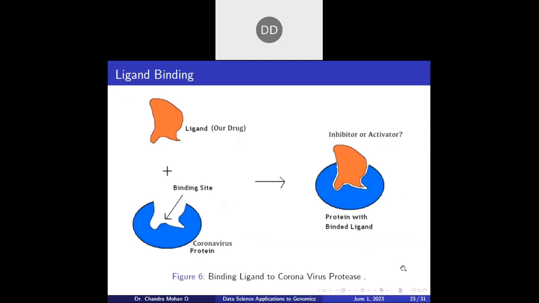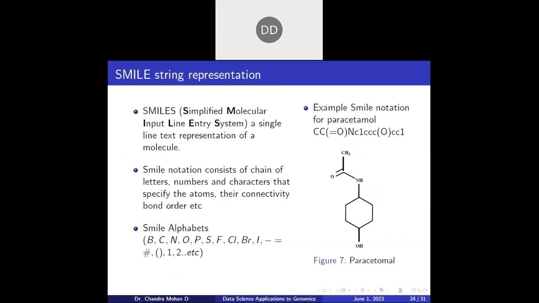Now how can we represent a chemical molecule? Any chemical has a structured 2D structure, right? How can we represent it in a computer? We can represent it in SMILES format. Usually we use this SMILES format, the Simplified Molecular Input Line Entry System. It looks like this. We can convert these into numerical vectors.